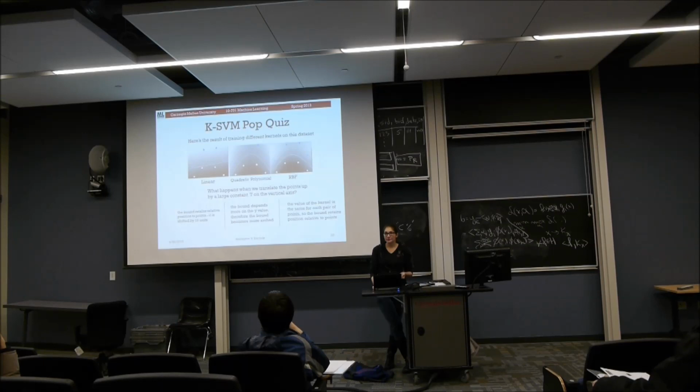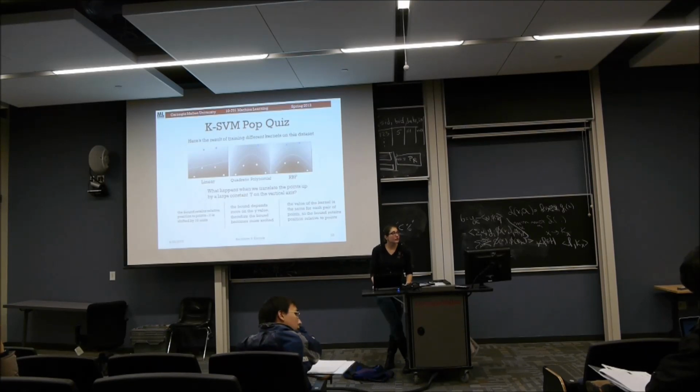But for the quadratic polynomial, it doesn't give exactly the same. Because the y's are so big, they drag the boundary upwards. So what about the RBF? Those stay the same, because the value of the kernel is basically the same for each pair.